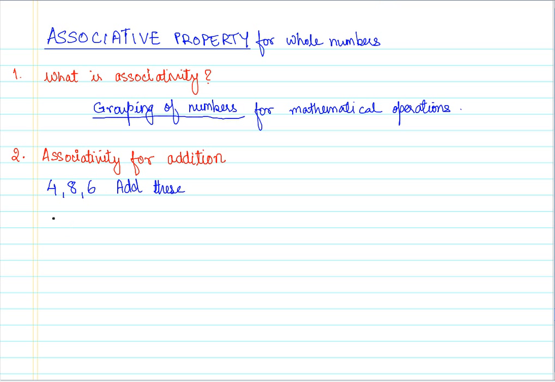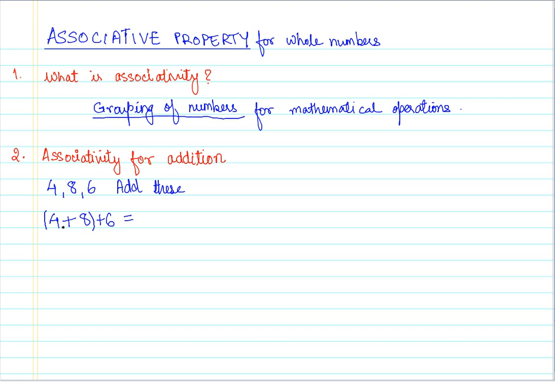We will write it as 4 plus 8 plus 6 equals. Now how do I proceed? One way is we group the first two, that is, we complete this addition first and then do the second.